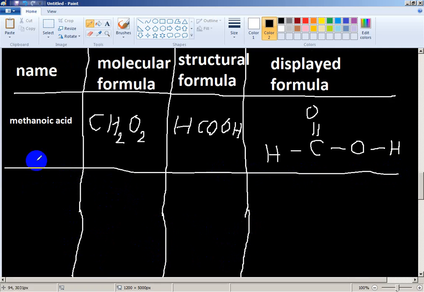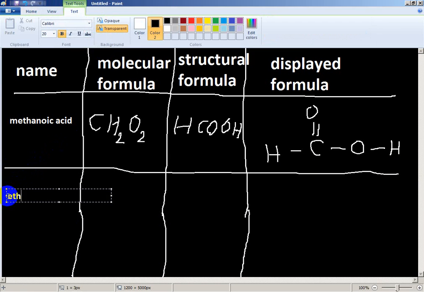Now I write ethanoic acid. Okay, how many carbon here?